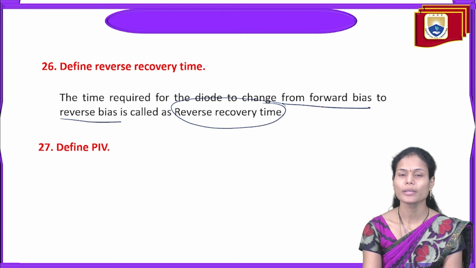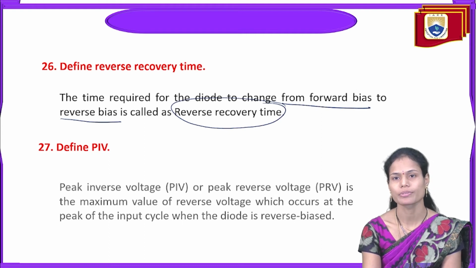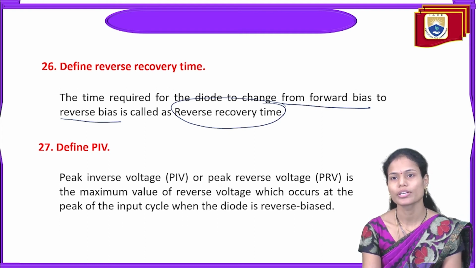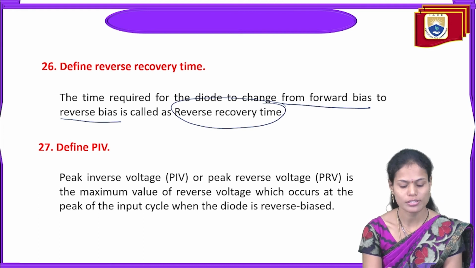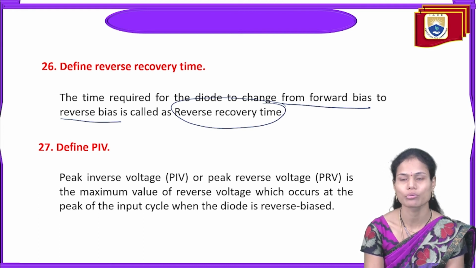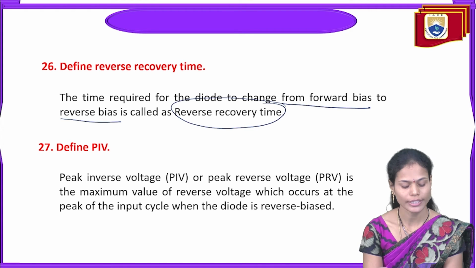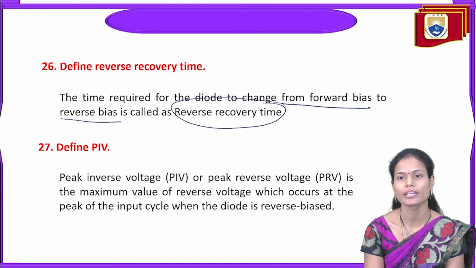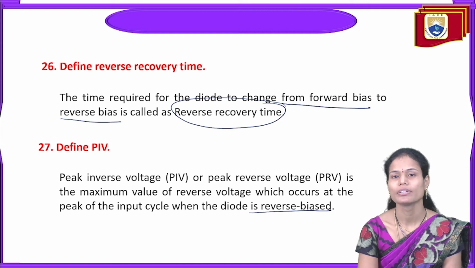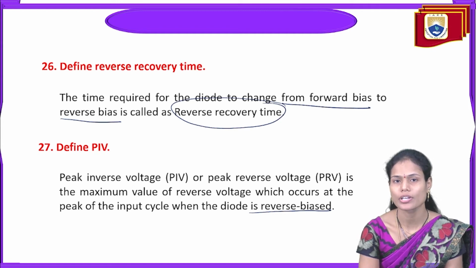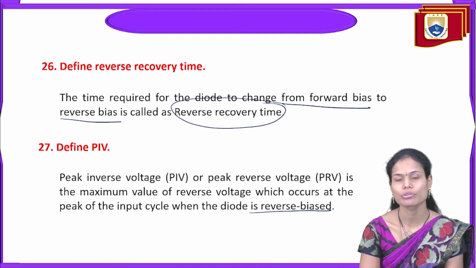And next, define peak inverse voltage. The peak inverse voltage or peak reverse voltage is the maximum value of the reverse voltage which occurs at the peak of the input cycle when the diode is in reverse biased condition. When the diode is in reverse biased condition, how much voltage is present in that condition indicates the peak inverse voltage of the diode.